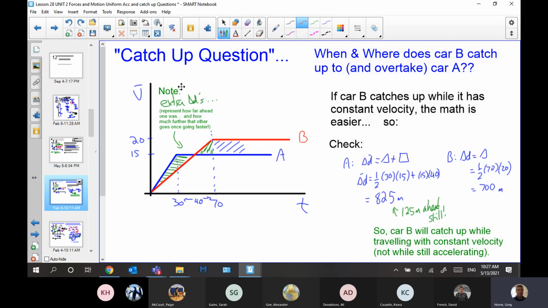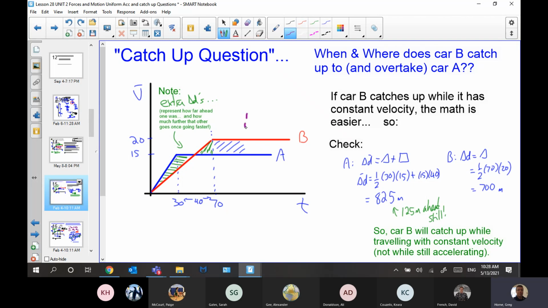This is my note from the other page about how this one represents how far ahead it got, and this one's now catching up. If car B catches up while going with constant velocity, the math is easier, and that's the kind we're going to start with.